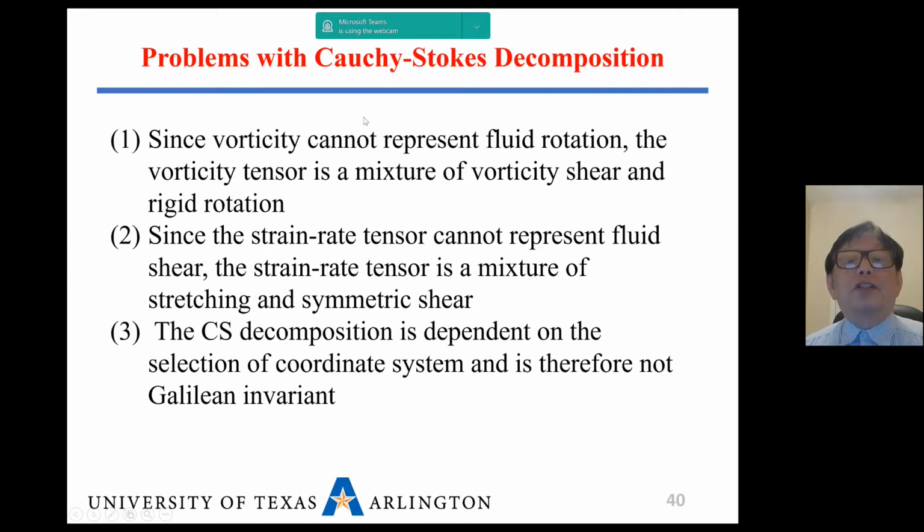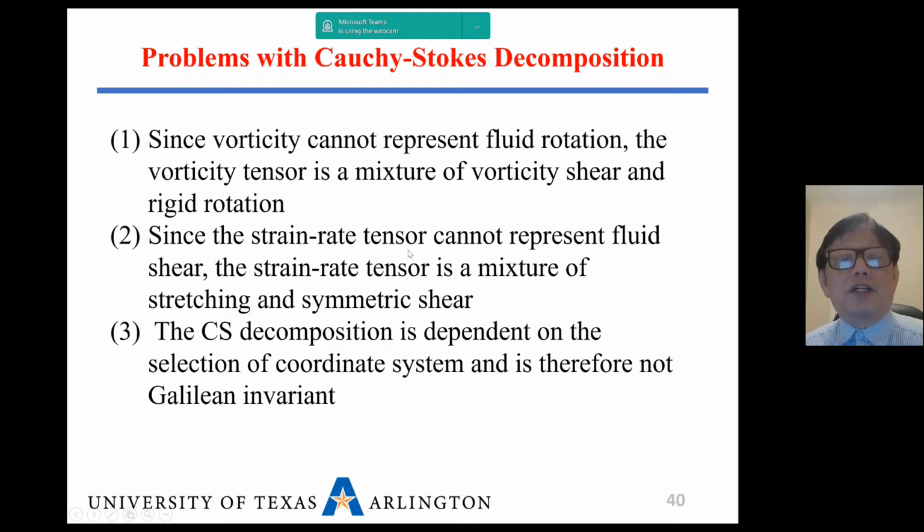So the problem with the Cauchy-Stokes decomposition is that the vorticity cannot represent the fluid rotation. The vorticity tensor really is a mixture of vorticity, shear and rigid rotation. The strain rate tensor is symmetric, but it has diagonal elements.